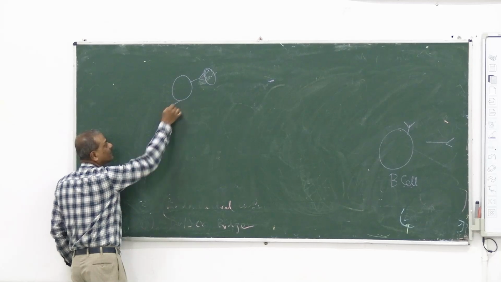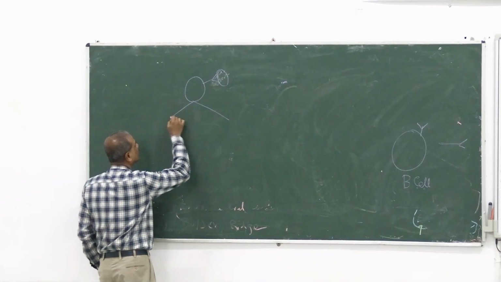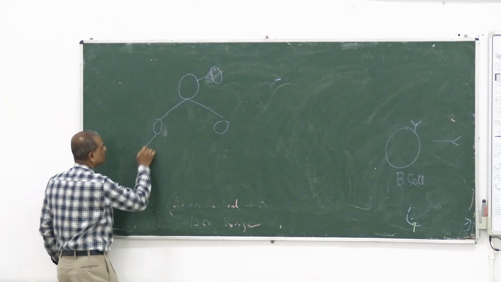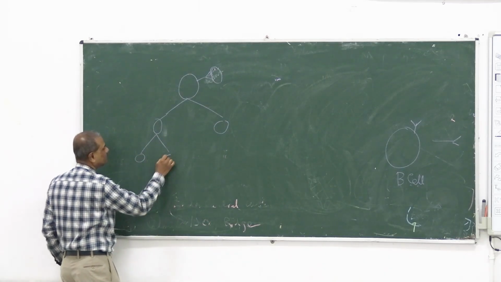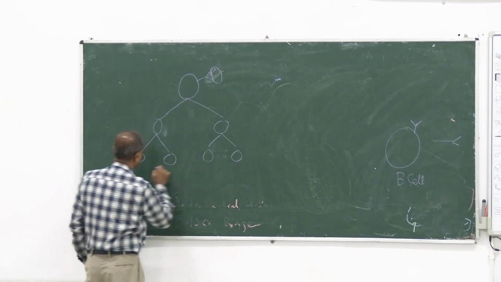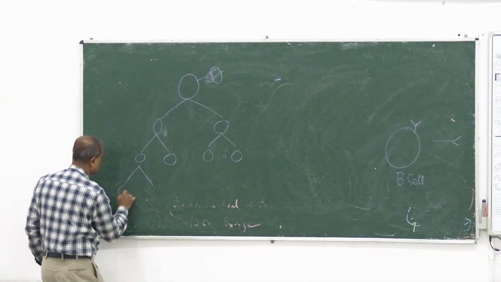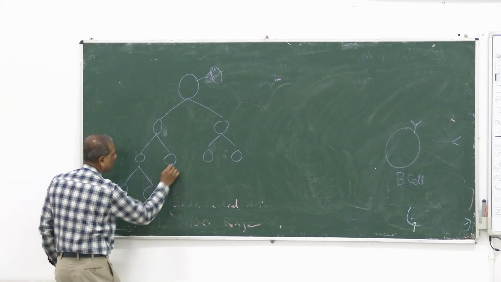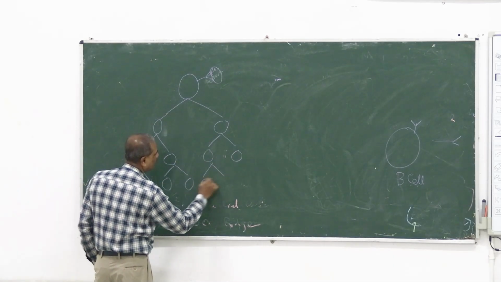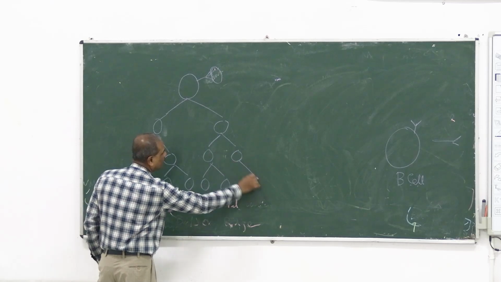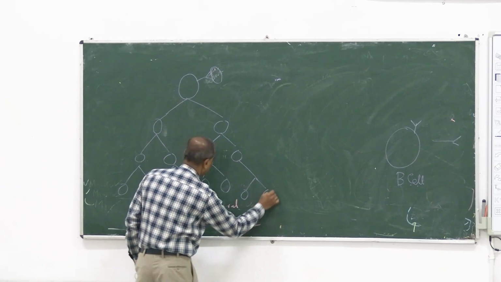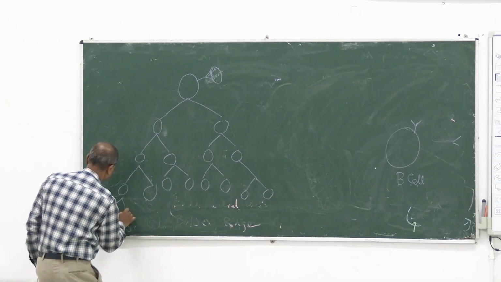Now from this cell, 2 cells will be produced. From these 2 cells, another 2 cells. From these 2 cells, another 2 cells. From this cell, another 2 cells.